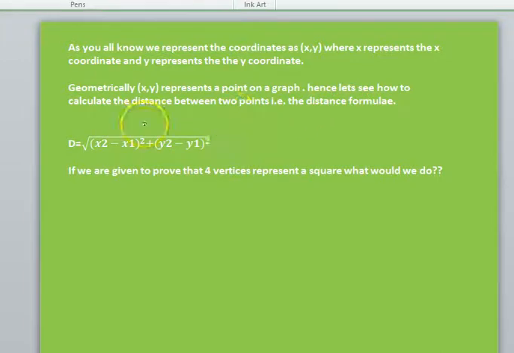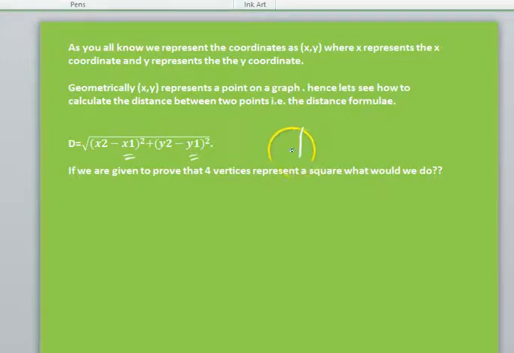Hence, let's see how to calculate the distance between two points, therefore the distance formula. It is given by the formula root over (x2 minus x1) squared plus (y2 minus y1) squared. Let's see geometrically how it is possible.